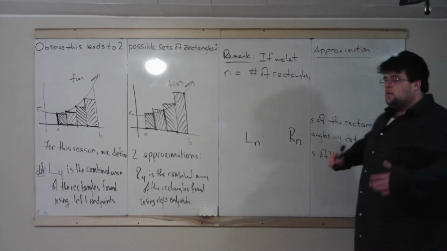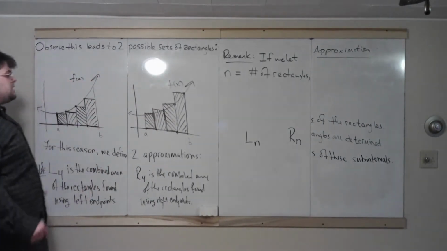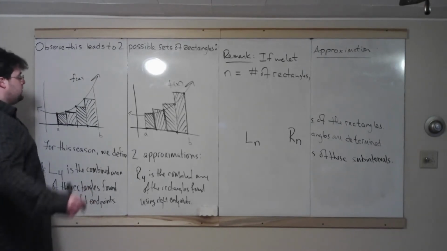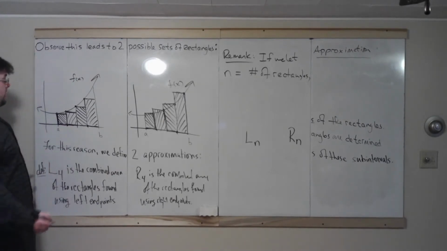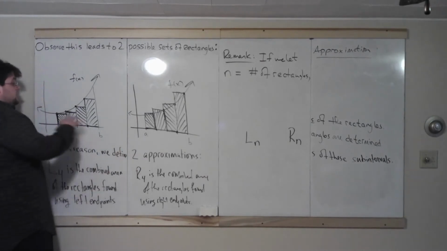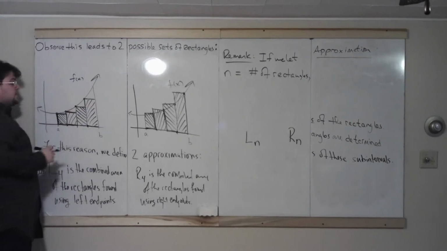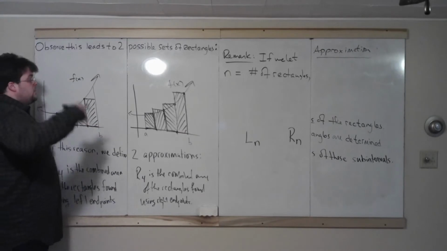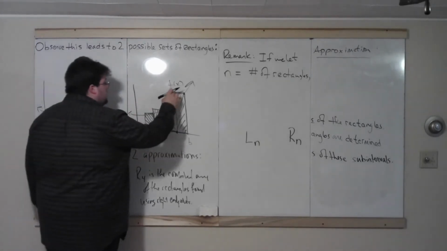Now, we can still find an approximation using n rectangles. It's still not going to be exact. But as we let that number of rectangles get large, as we let that number of rectangles go to infinity, these error pieces, whether they're errors beyond the exact area or errors below the exact area, keep getting smaller.